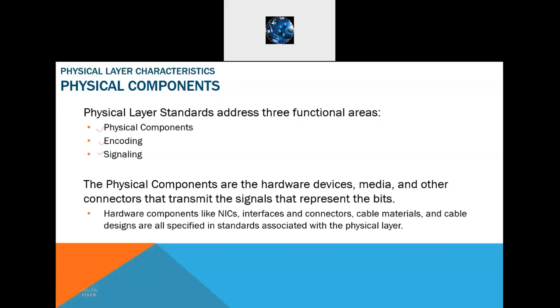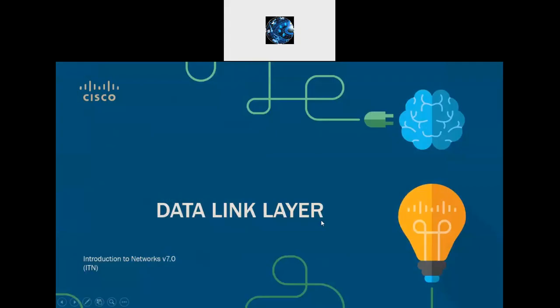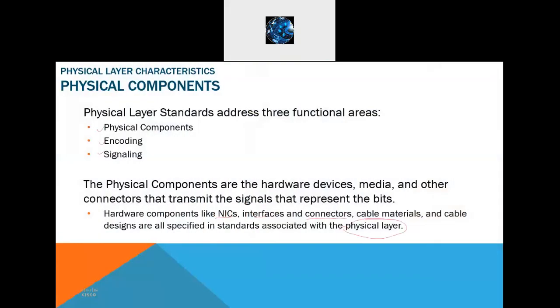You see that? So hardware components like NIC, that's network interface card, interfaces on the devices like in the switch or in the router, connectors, cable materials, and cable designs are all specified in standards associated with the physical layer. So there's a standard, and those people must follow these standards to get the job done.